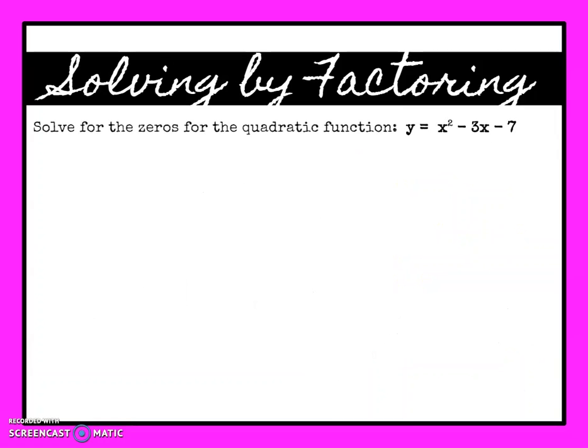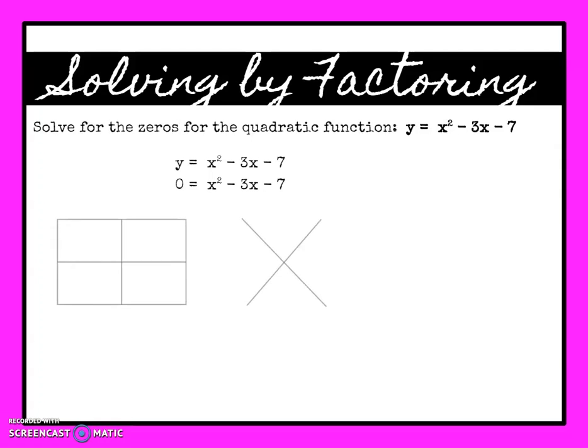Solve for the zeros for the quadratic function y equals x squared minus 3x minus 7. There's nothing that I can factor out to begin with, so I know that it's not going to be a factoring completely problem. I'm going to plug 0 in for y, and I'm going to move with the process of factoring by using a generic rectangle. Ax squared in one corner, c in the other, multiplying those two together to get my product, looking at my equation at the bx term to find my sum.